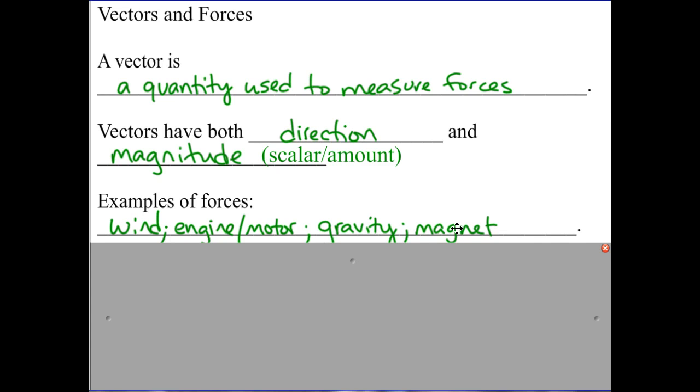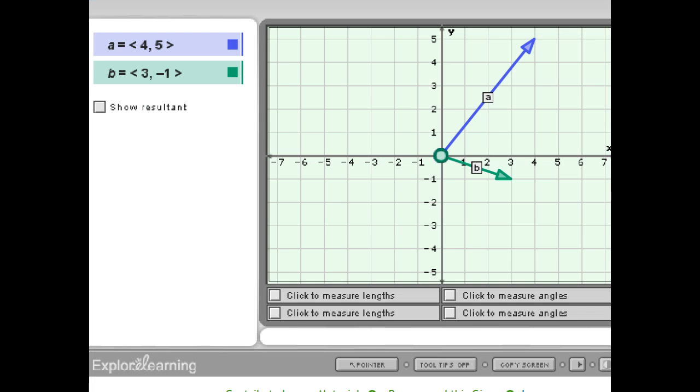Let's look at how we're going to calculate these forces. Alright, let's turn to one of my favorite gizmos here, the adding vectors gizmo. So vectors are represented with arrows. And you can see the blue arrow, the blue vector, is longer than the green one, and it points in a different direction. So you can imagine this is like the wind, the green arrow.